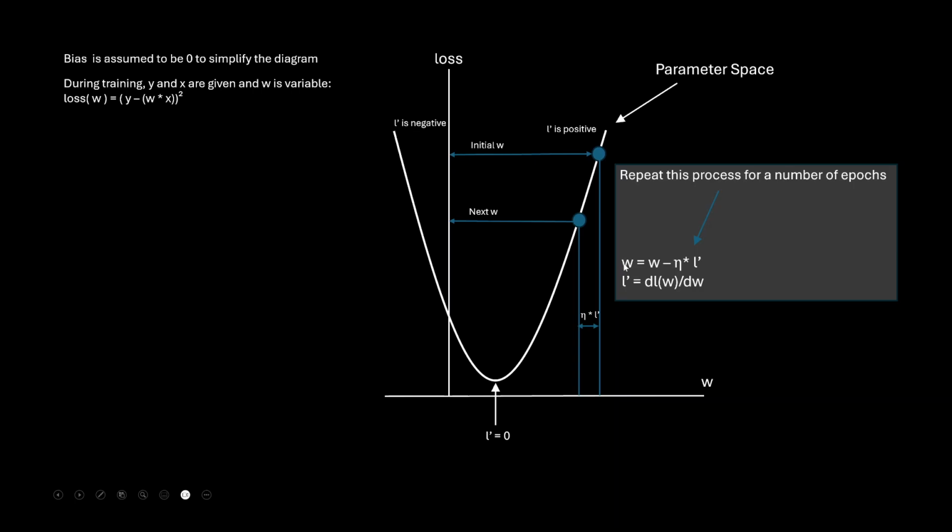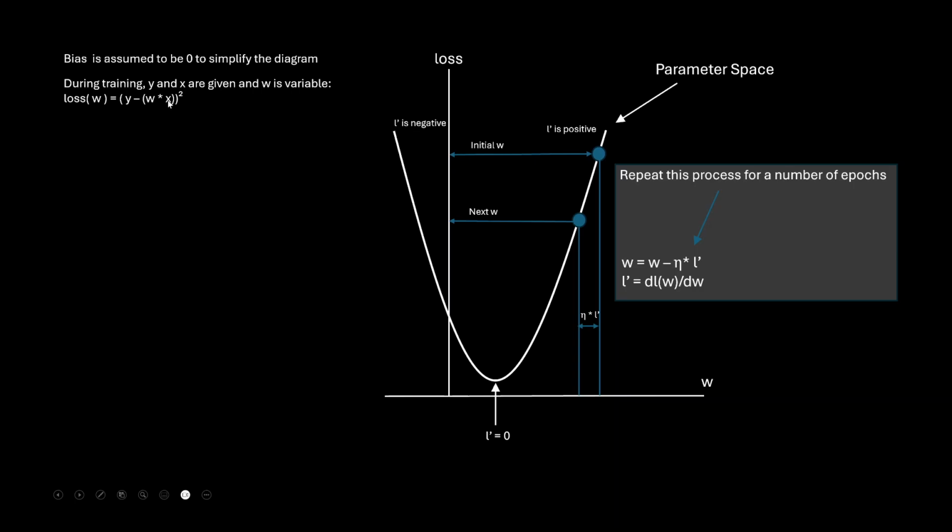So we change the weight using this formula here. Weight minus eta, which is the learning rate, times the derivative. And the loss function here is y minus y hat, which is w times x.